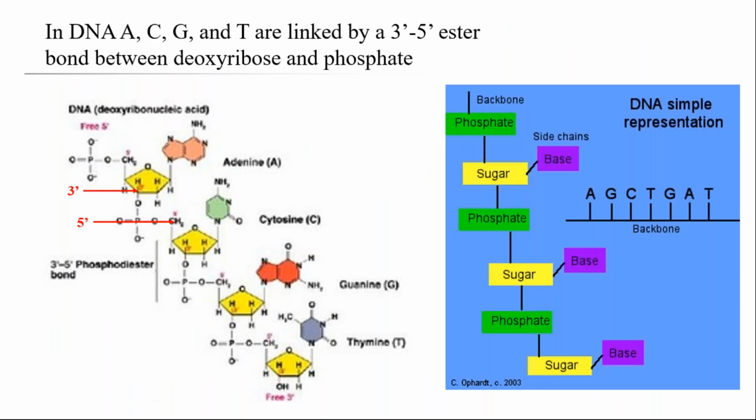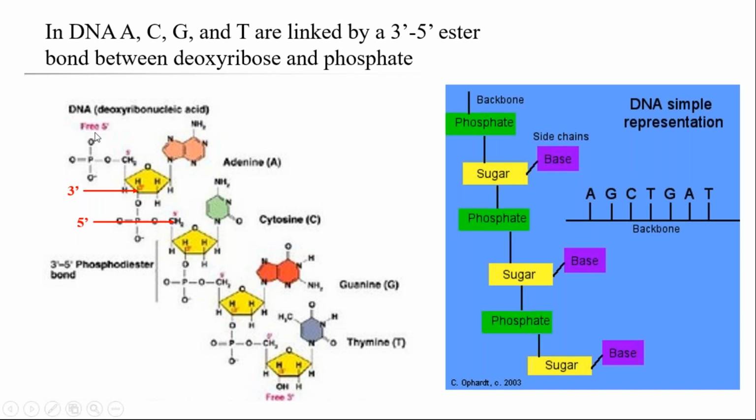So next, if you look at the single strand of the DNA, you see how these bases are linked in the single-stranded DNA. What you see is that every 3' hydroxyl group of the ribose molecule will be in a diester bond with the 5' ribose molecule of the next nucleotide.